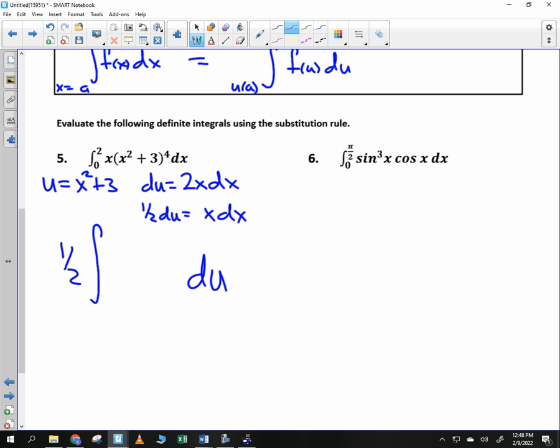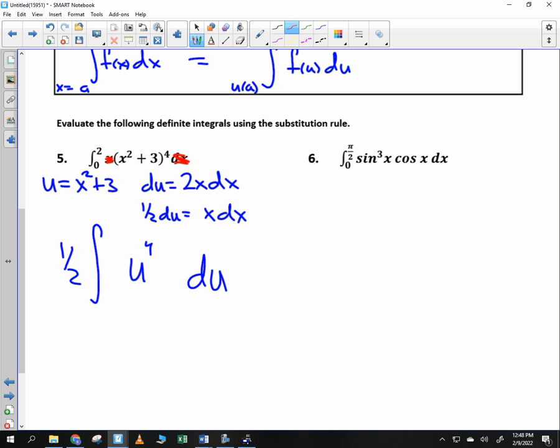And what do I get to get rid of when I do that? Yeah, the x and the dx are gone. So what remains? Yeah, u to the 4th. And now I can change my bounds. Because your variable has changed, it's not x values anymore. Now it's u, isn't it?